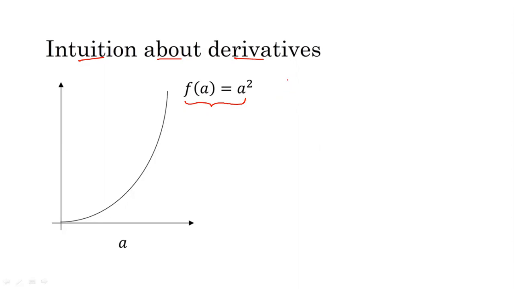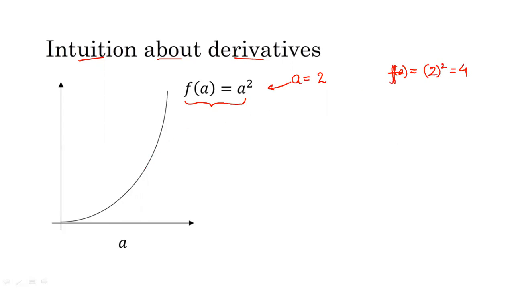Suppose we take a equal to 2, and at this point we need to find the derivative of this function, that is, the slope of this function at a equal to 2. If I apply a equal to 2 in this function, our output will be f of a equals a square, that is 2 square, which equals 4.